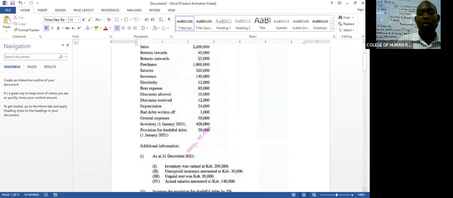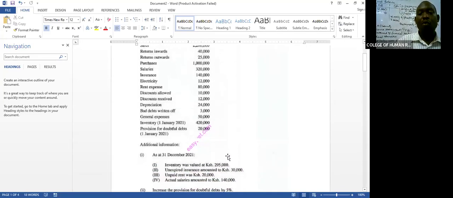And then here you have been told the accrual is 140,000. So 140,000 has not been paid. Even if we paid 320,000, there is still 140,000 not yet paid, which we are supposed to add there to get 460,000 salaries expense. So that is what we do. We add. That is how we deal with it.